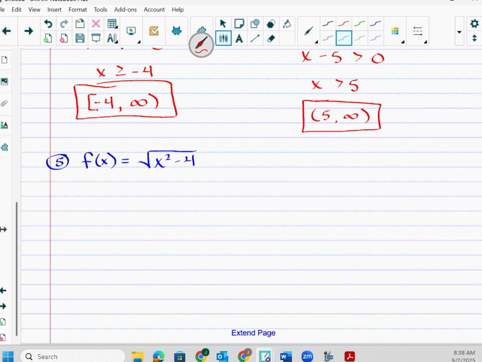Wait, so you can't factor it? You can definitely factor it, yes, but it doesn't factor into like a perfect square. But yes, you should factor. So we'll start like we did the other one. We'll take this x squared minus 4 and say that has to be greater than or equal to 0. We're okay with that? Under a square root, set it greater than or equal to 0. It's not in the denominator.